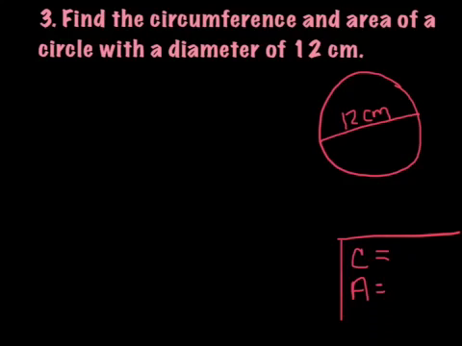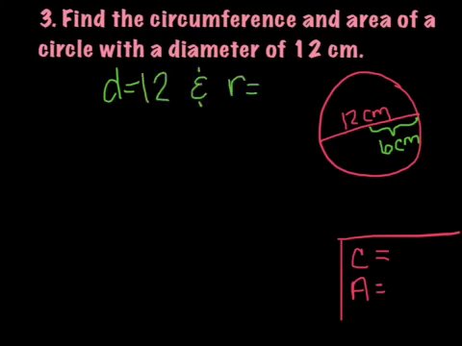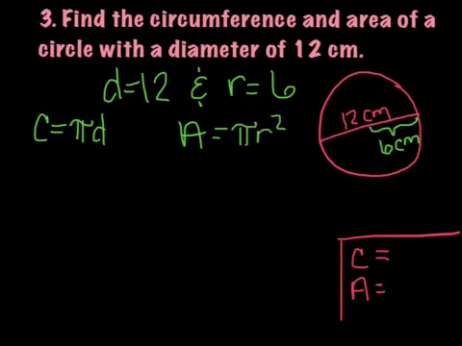Well, if the diameter is 12 centimeters, then the radius would be 6 centimeters. So we know that D is 12 and R is 6. So let's find circumference is pi times the diameter, and area is pi r squared. So let's just plug in what we have.